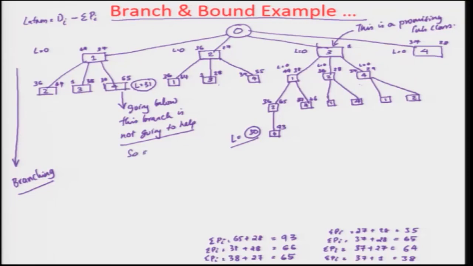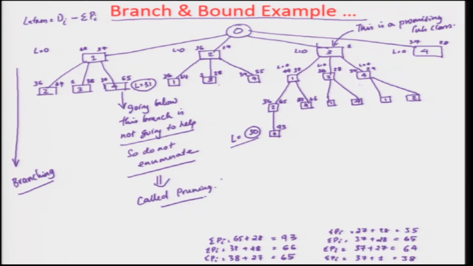So, do not enumerate, okay, called bounding. You are terminating or stopping or cutting the search. Okay. So, there is another thing also called bound. I would not call it bounding, I will call it pruning.